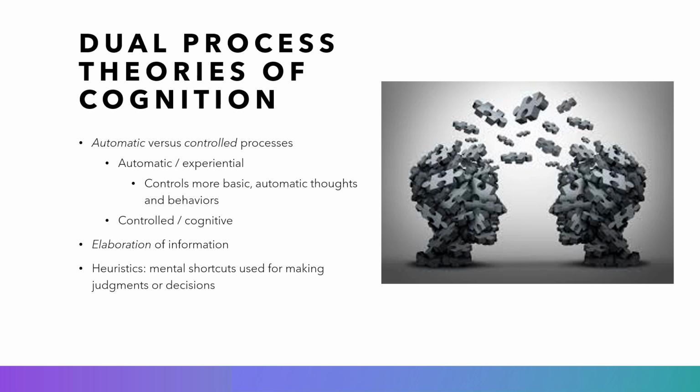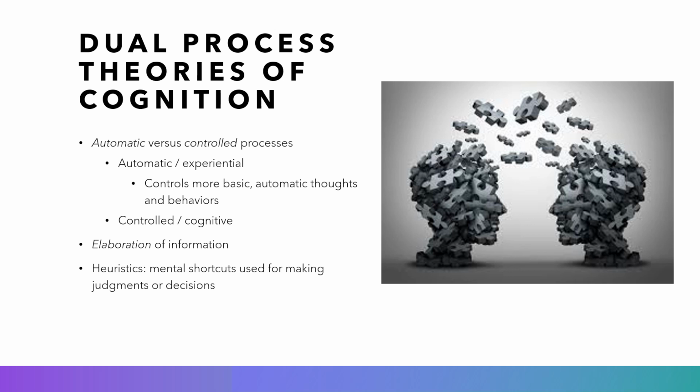Automatic processes really work on basic stimuli. So they are those automatic reactions that are responding to any given thing in the environment. Our controlled processes and the cognitive system that they stem from elaborate on the information around us.